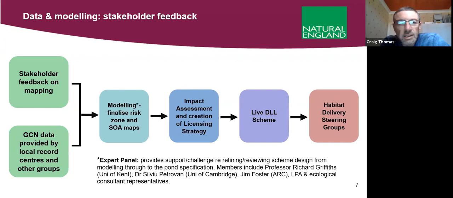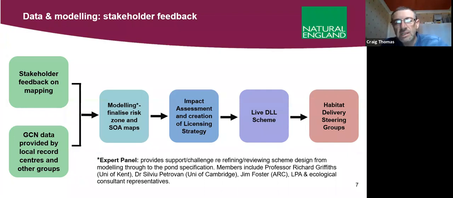So all of our modelling is shared with stakeholders, local record centres, groups, wildlife trusts, WAGs, ARG, and all that information is fed into the model to make it as accurate as it can be.